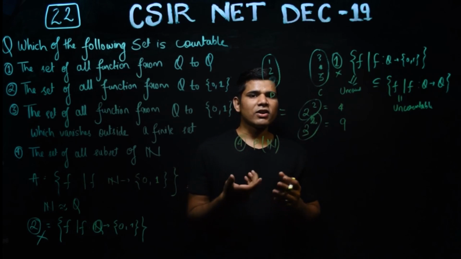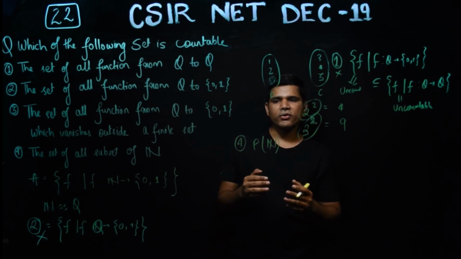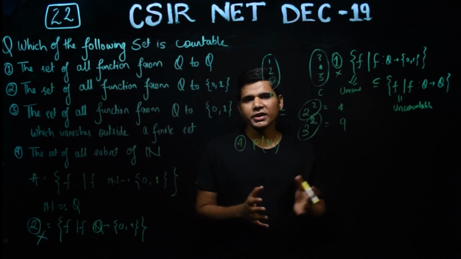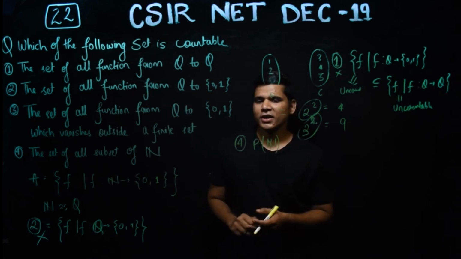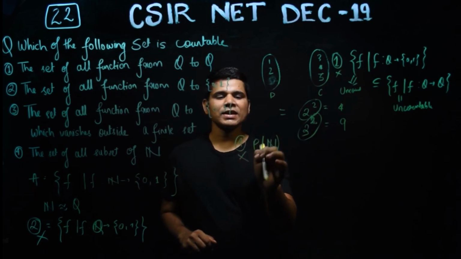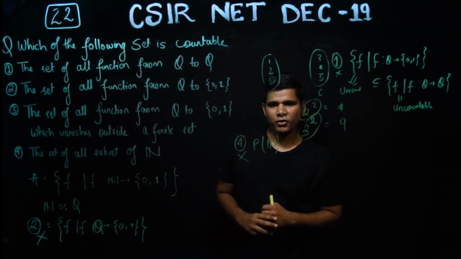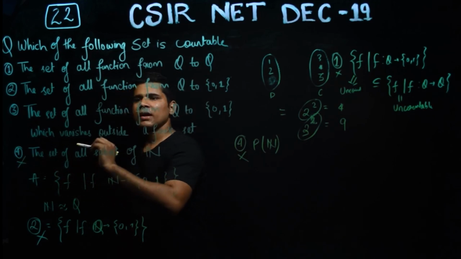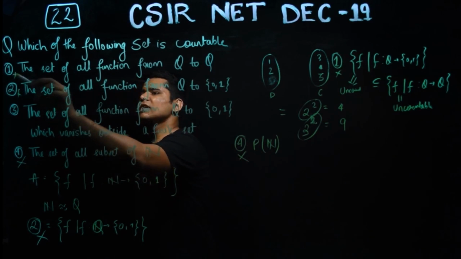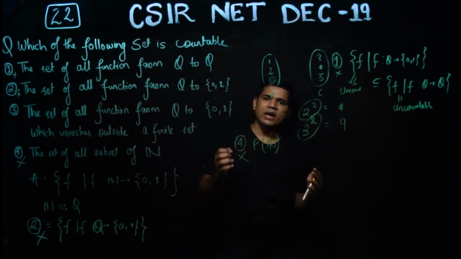This is a well-known fact. This is also uncountable. So fourth is incorrect, and second and first are also incorrect. That means third is correct.